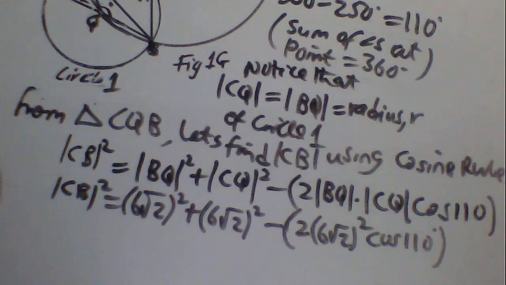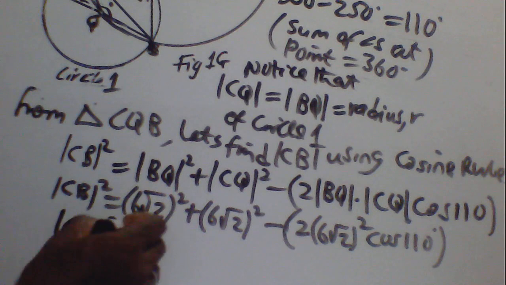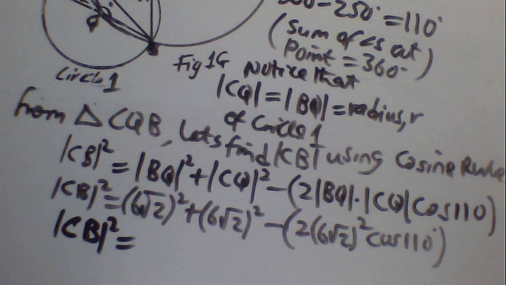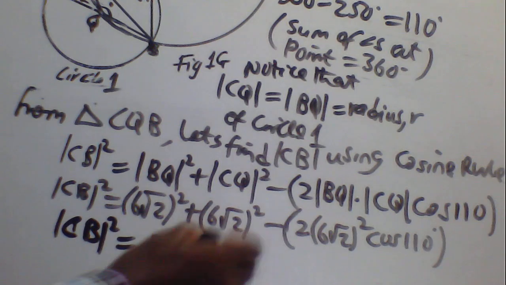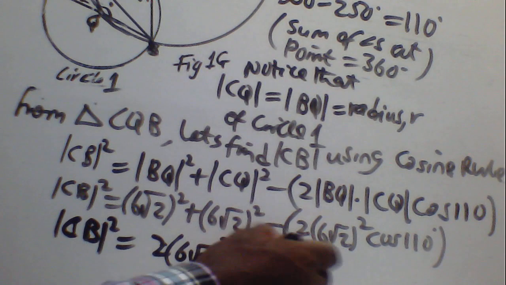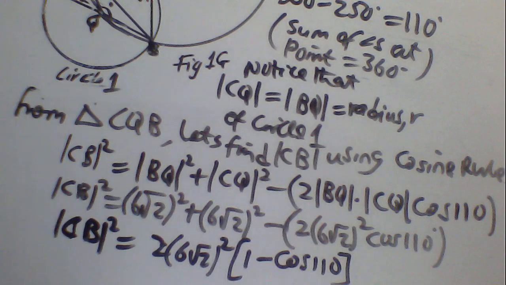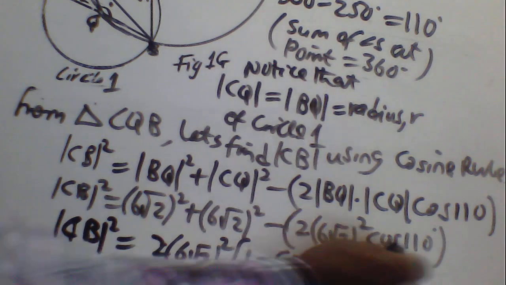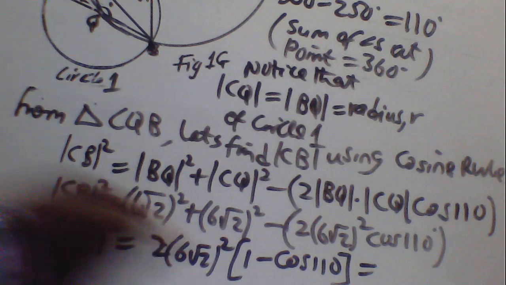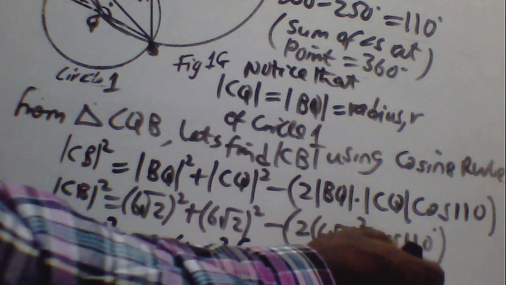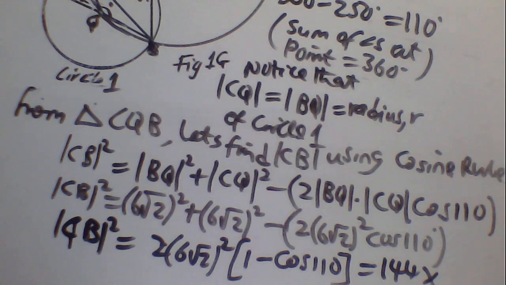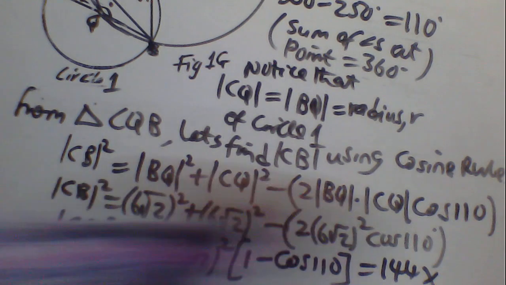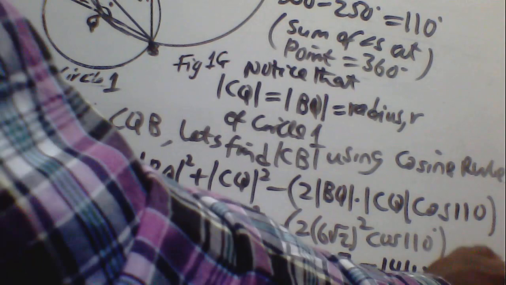Since they are common, bring 2 in bracket 6 root 2 squared out, and open bracket 1 minus cos 110. Solving it, 2 times 6 root 2 all squared gives you 144. 1 minus cos 110, use your calculator, gives 1.3420.